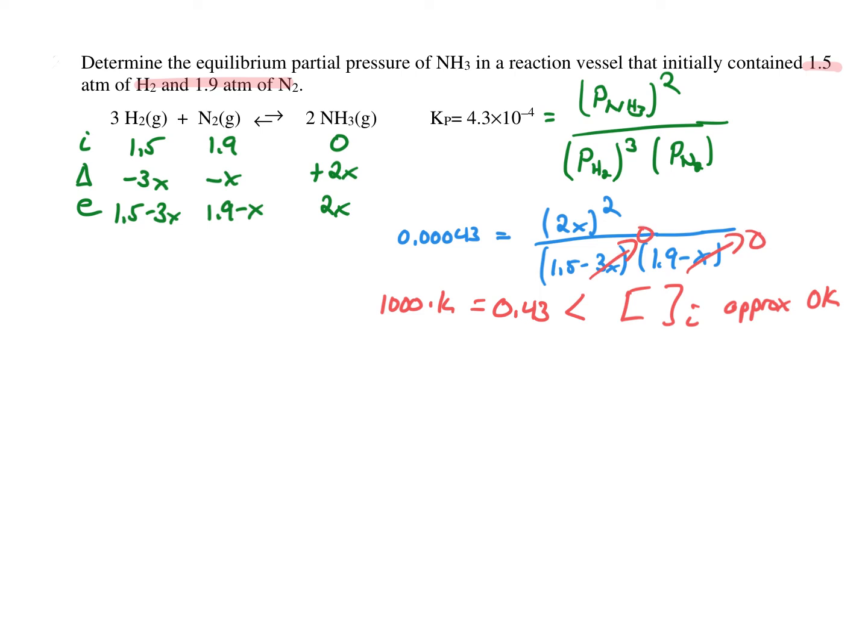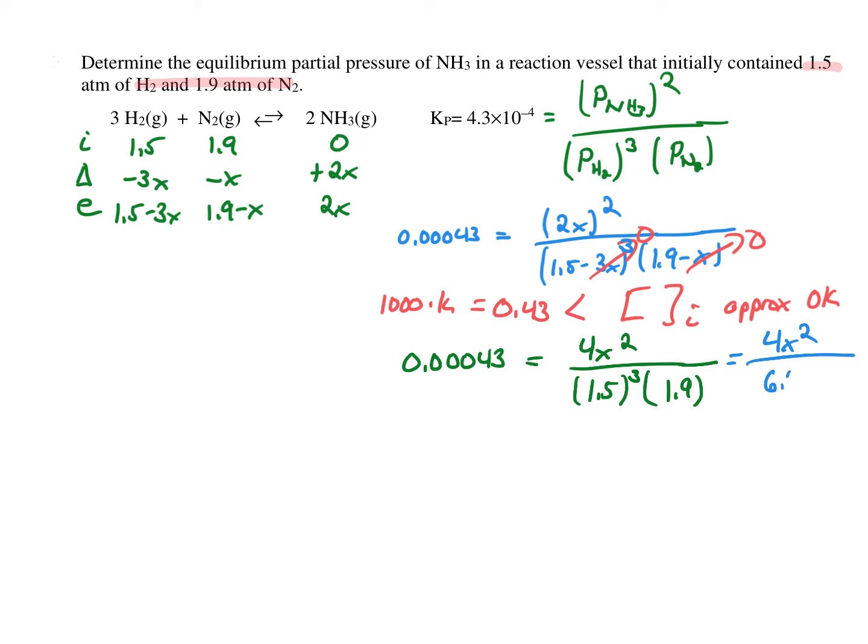So essentially, these values here are 0 compared to these initial values. All right, so we multiply all these numbers together, we get this.